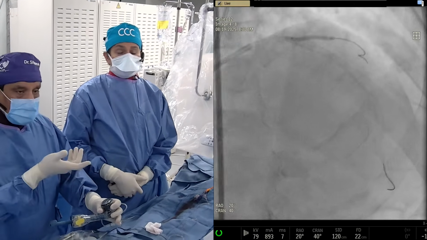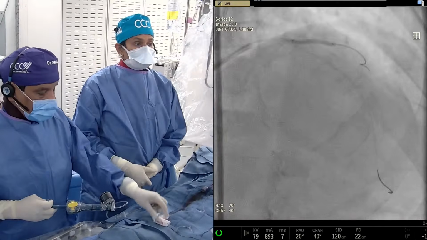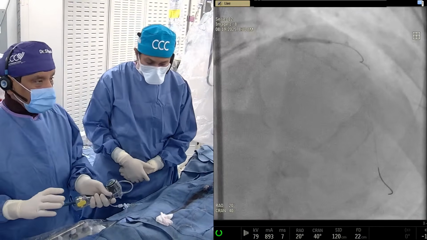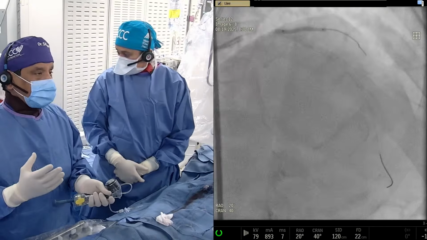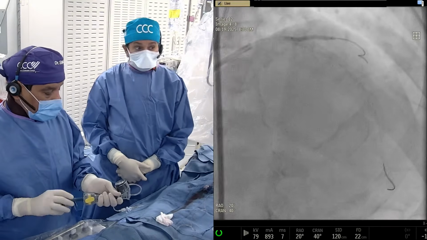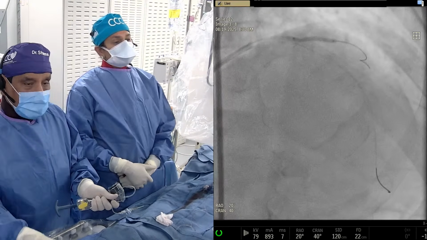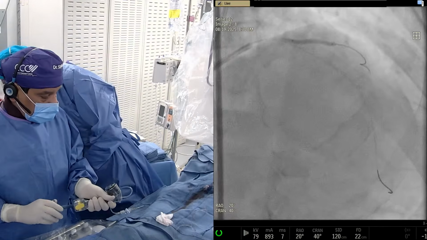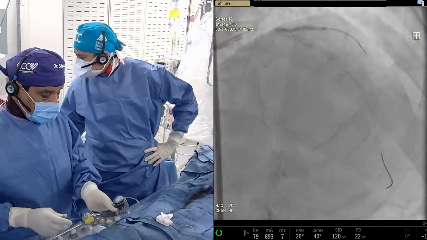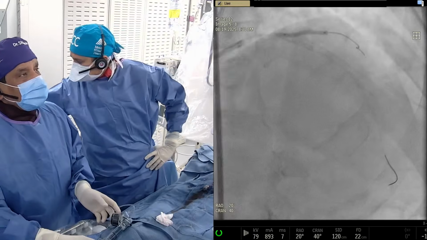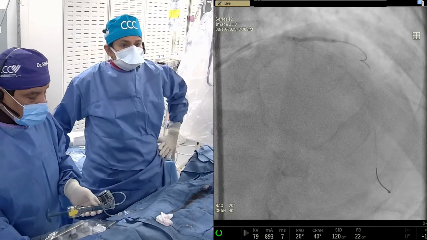Some people used to oscillate. We did the CRACK trial, and at that time we used to oscillate. Now the oscillation has come back for the cutting balloon, and a few trials have used it. But here we just go to medium pressure and leave it for about 90 seconds to get a good result.